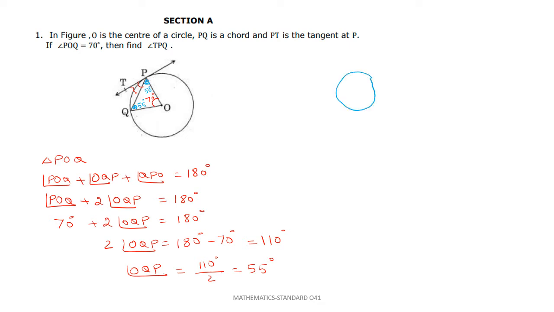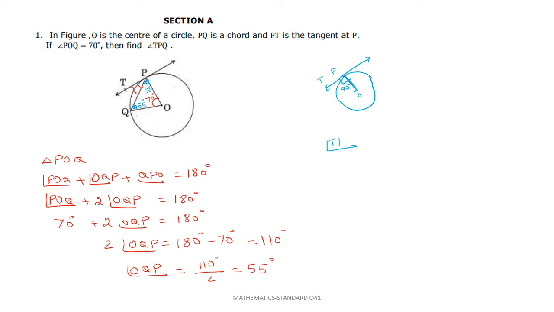And you have studied the theorem in the chapter of circles. So we have a circle and OP is the radius of the circle, and we are drawing the tangent TP. This radius OP will make 90 degree with the tangent TP. So here what is given?